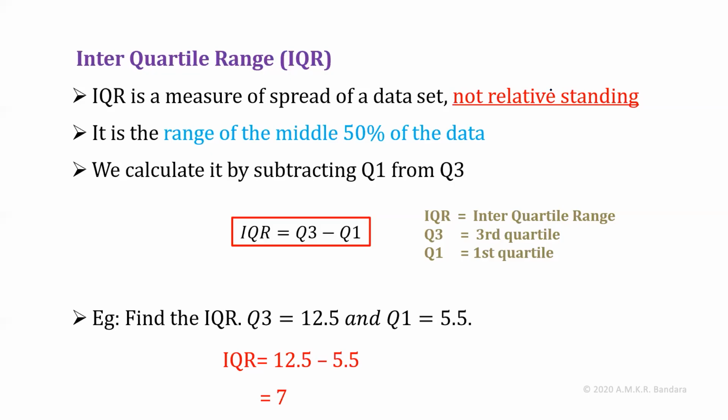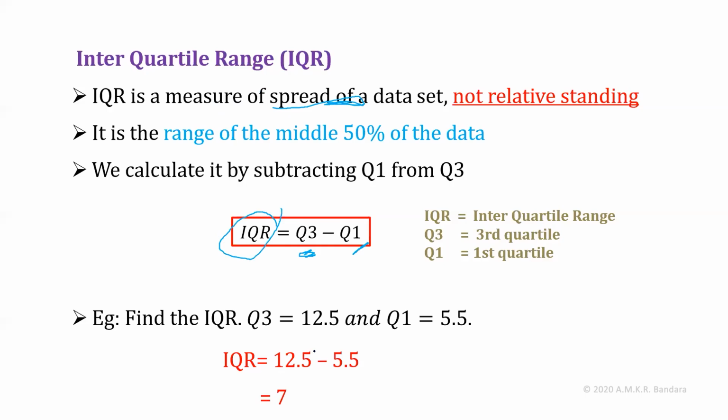We have another statistic called IQR, interquartile range. This is not a measure of relative standing, it is a measure of spread of a data set. IQR, interquartile range, is the difference between the third quartile and the first quartile.